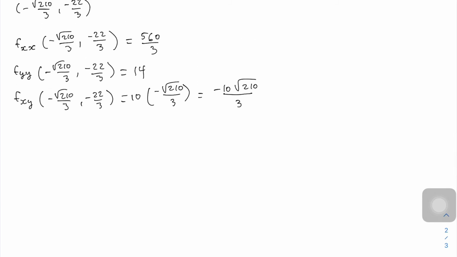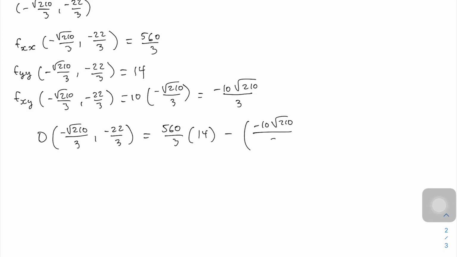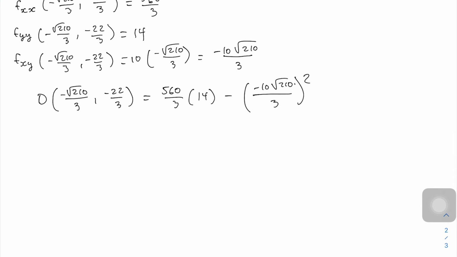Okay, great. Now that we have these three elements, we can find D. Multiply this, minus, we square this. Okay, great. And if you put this into your calculator, you should be getting 280. Okay, we know 280 is a positive value.